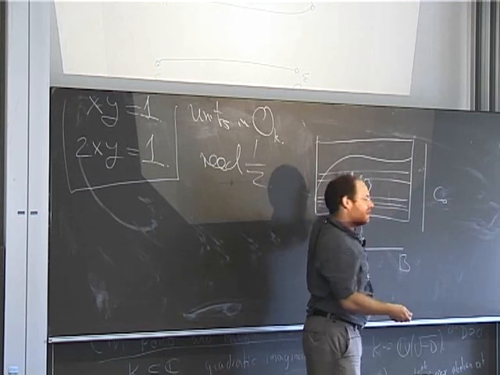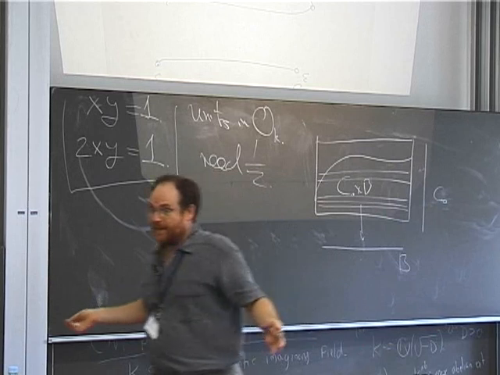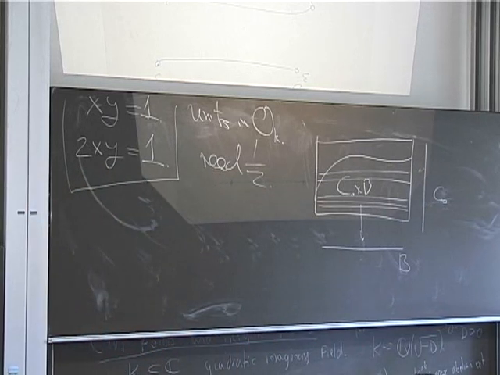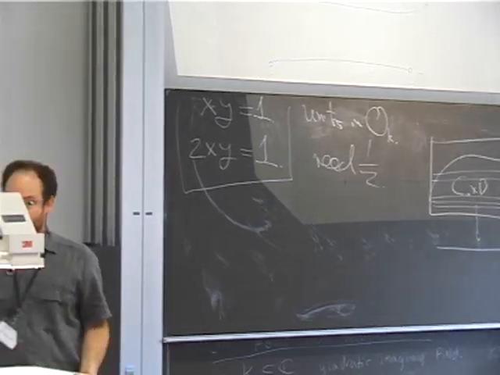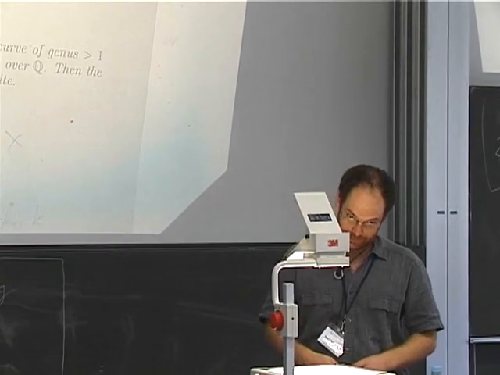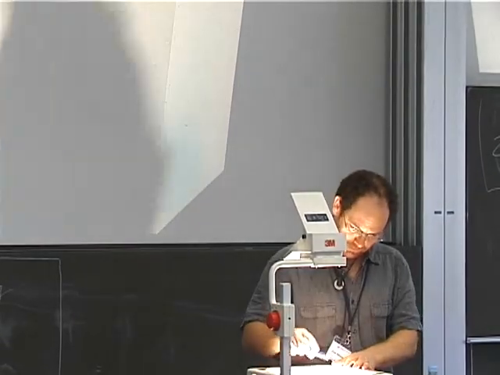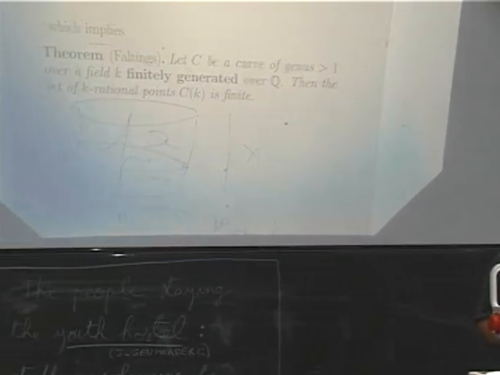So a section is just the graph of a map from B to C naught. And the theorem of Manin and Grauert says that there are only finitely many non-constant ones. You can actually say something about how many, in terms of the way the Jacobians look, and so on. So that's the theorem of Manin and Grauert.